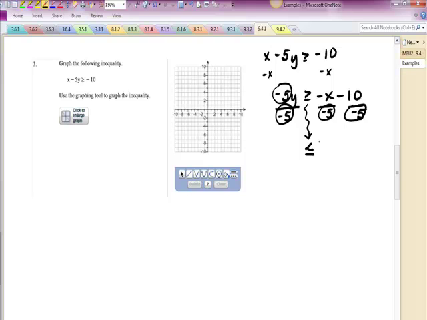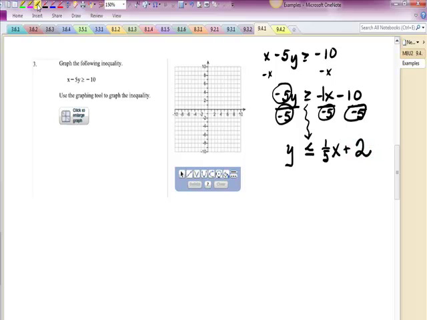You probably will not have an occasion to multiply, but if the coefficient of y is negative, then you will divide by negative, the symbol will reverse. So I have now y is less than or equal to, I'm going to call the slope, it's negative 1 over negative 5, negative over negative is positive 1/5 x, negative over negative is positive 2.